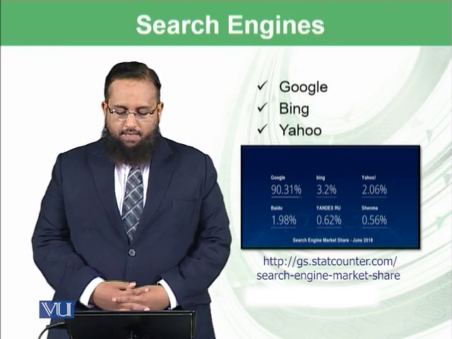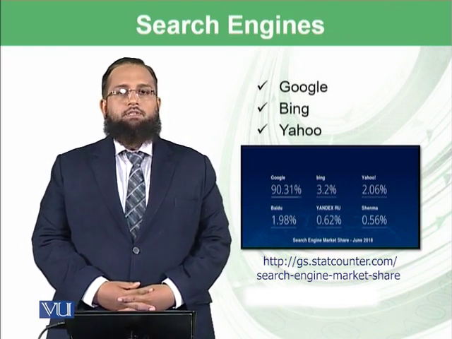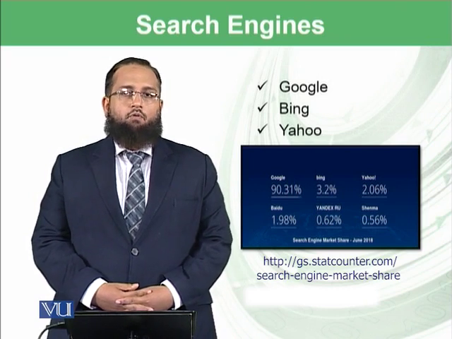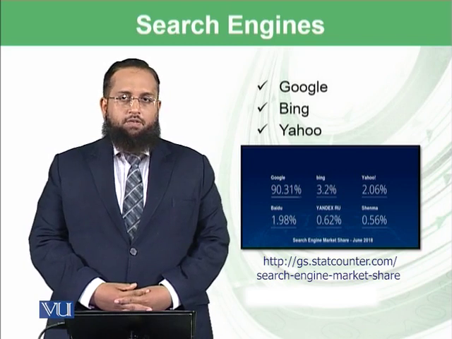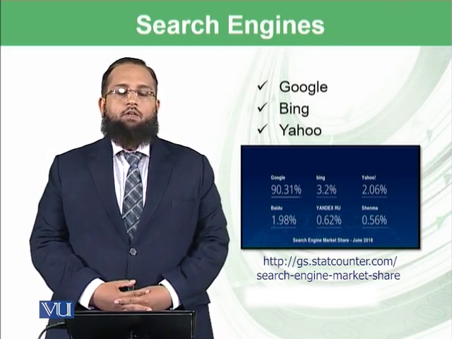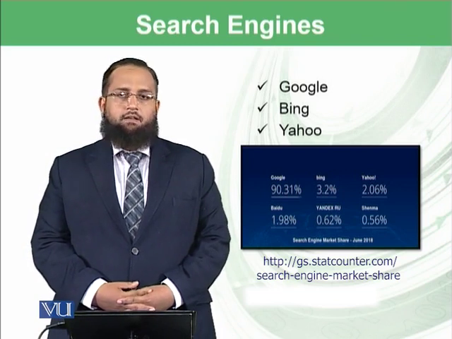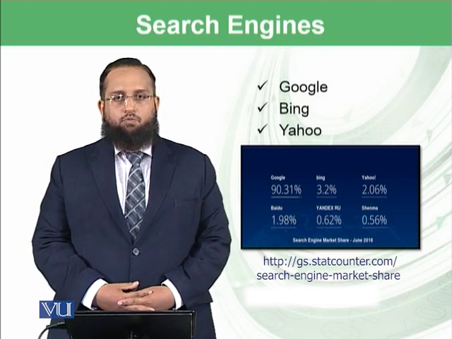So in the world, there are many different search engines available, for example, Google, Bing, Yahoo. You can search content on the internet using any of these search engines, and there are some other search engines as well, but these three are most widely used.